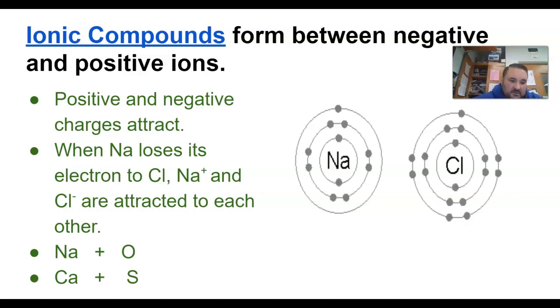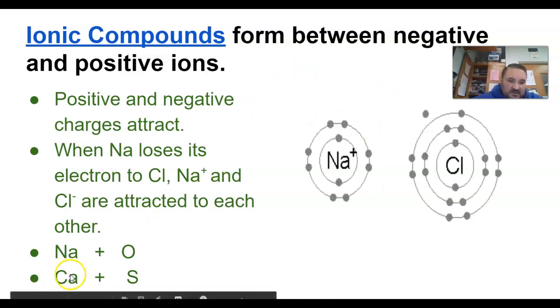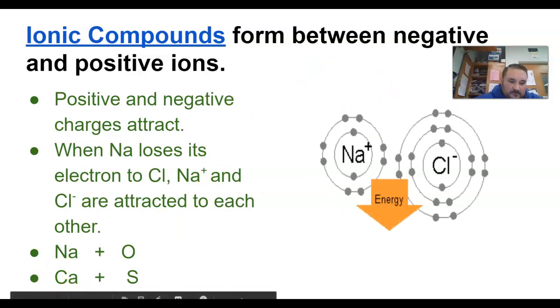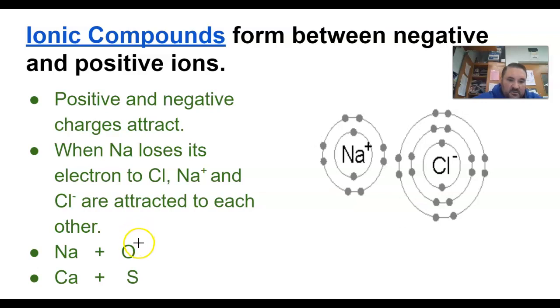Down here, you'll see calcium and sulfur. Well, and sodium and oxygen. So sodium forms a positive 1 charge, oxygen forms a negative 2. We have to balance these out. So it takes 2 sodium.